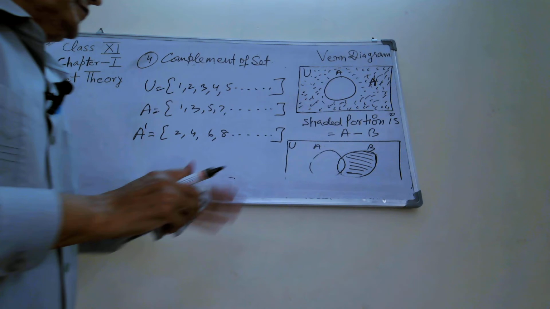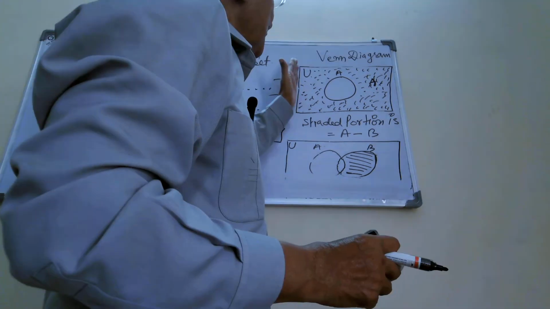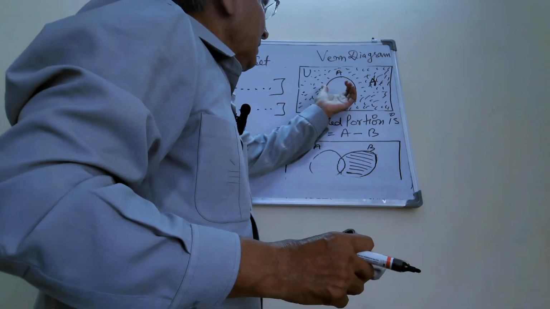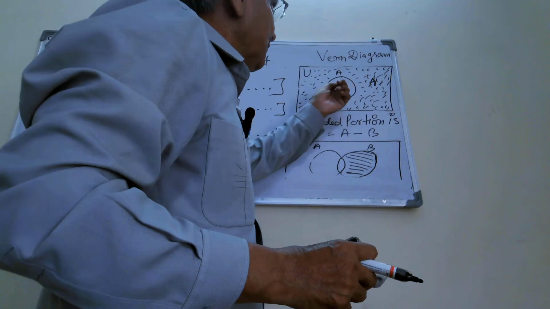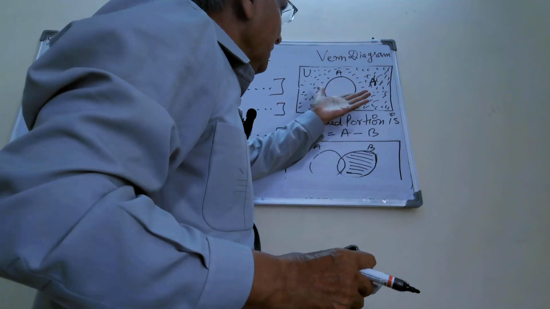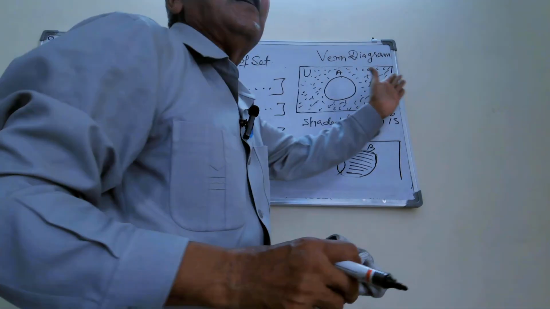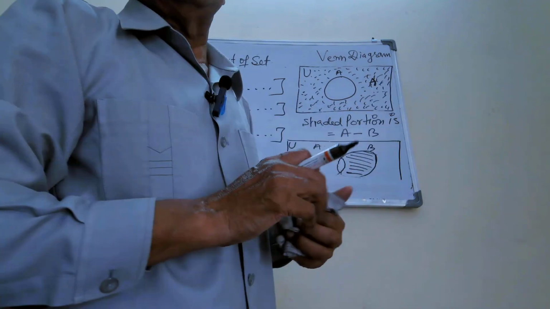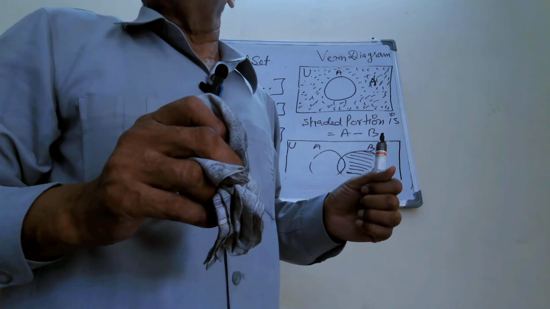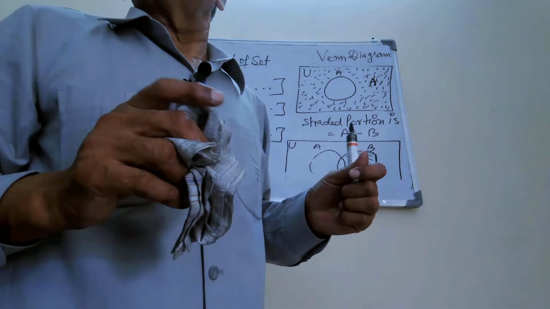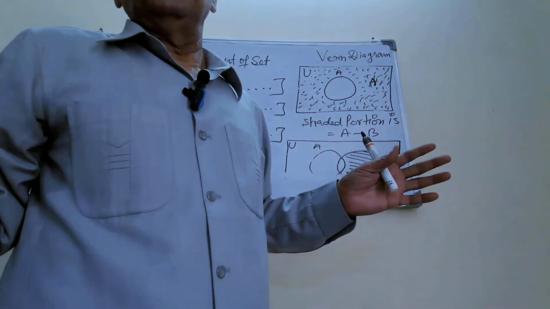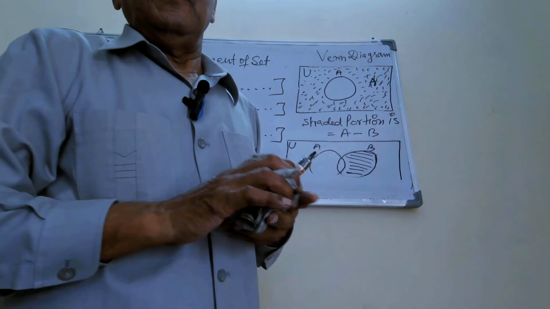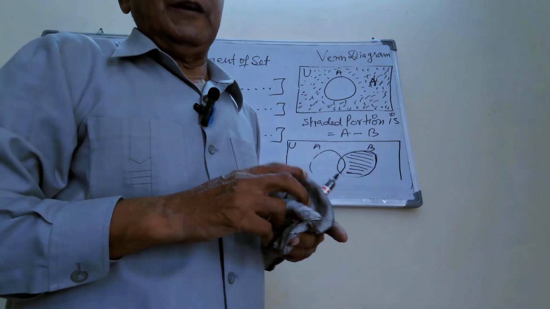So from U, you have to minus all the elements of A. The remaining elements of U will be in complement A. This is the definition. I think it will be very clear to you from both the examples.